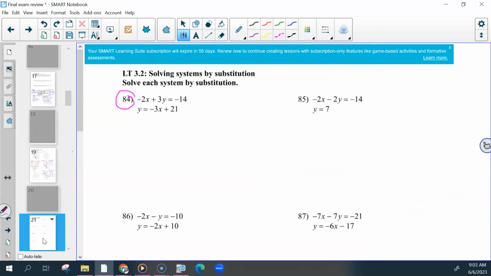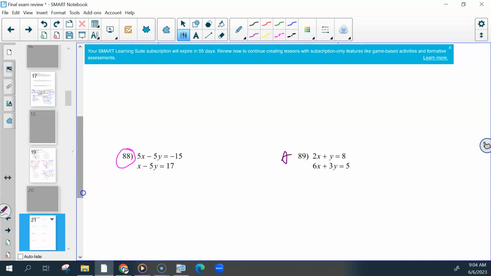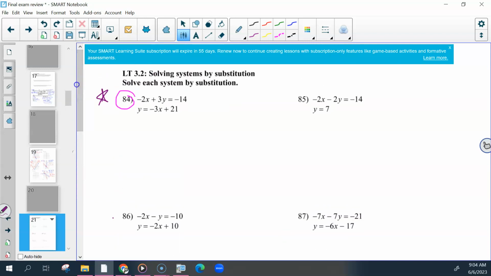And systems by substitution, which of those do we want to see go over? So let's start with 84.